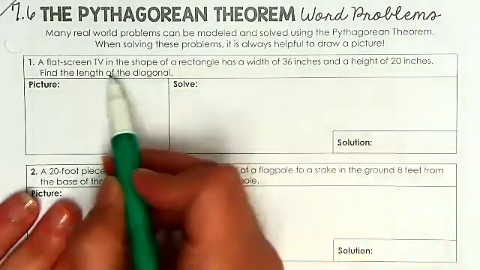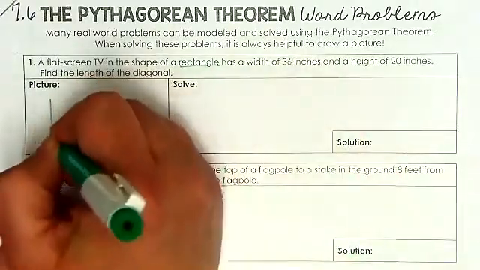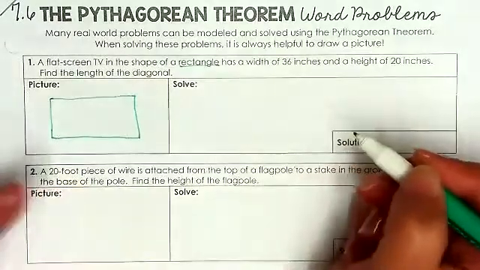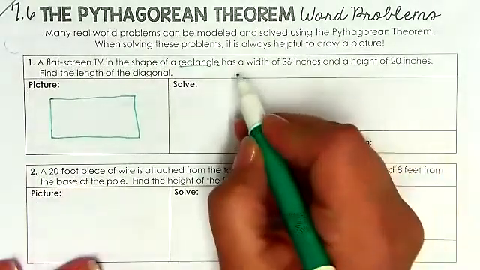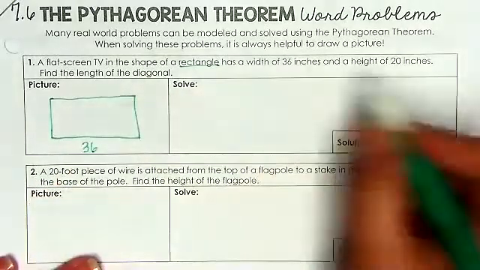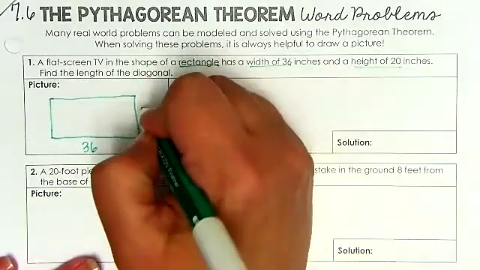So we have a flat screen TV in the shape of a rectangle. Okay, so I'm going to draw a rectangle. The rectangle does not have to be perfect. It has a width of 36, and a height of 20.